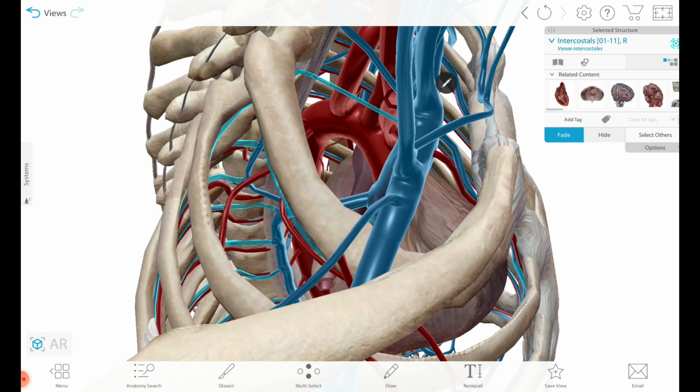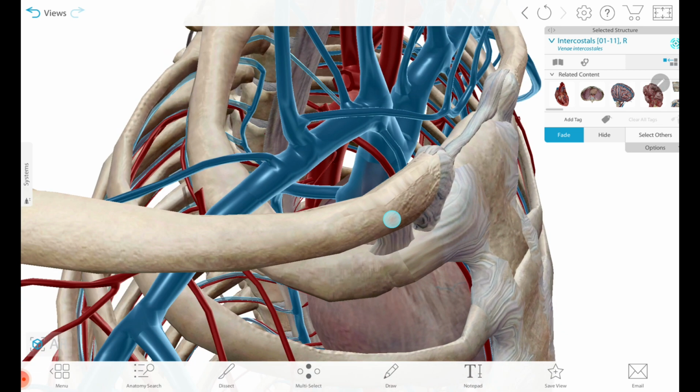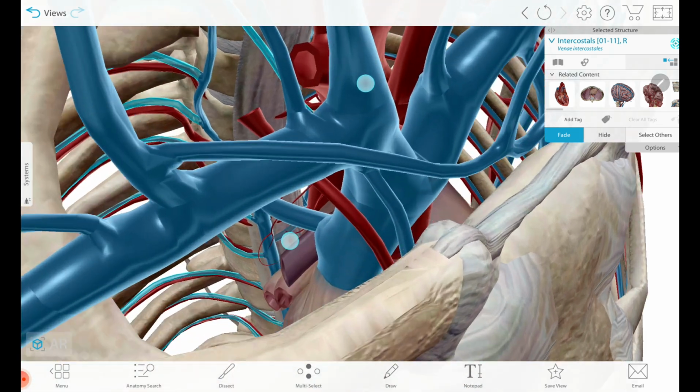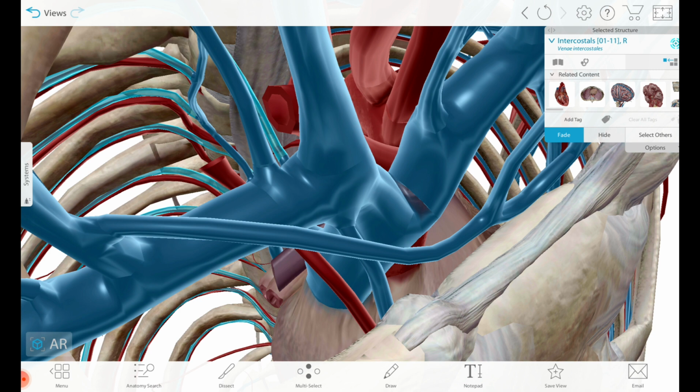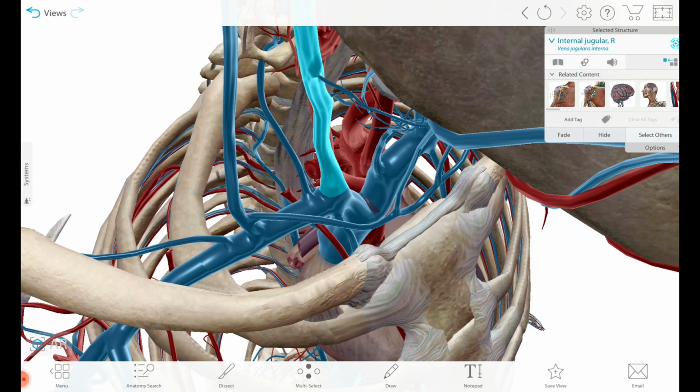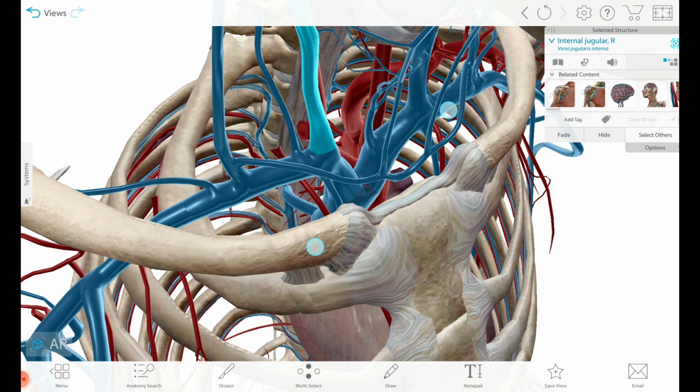So this over here is the right brachiocephalic vein, and the right brachiocephalic vein combines with the left brachiocephalic vein to form the superior vena cava. So the first intercostal vein drains into the right brachiocephalic vein.